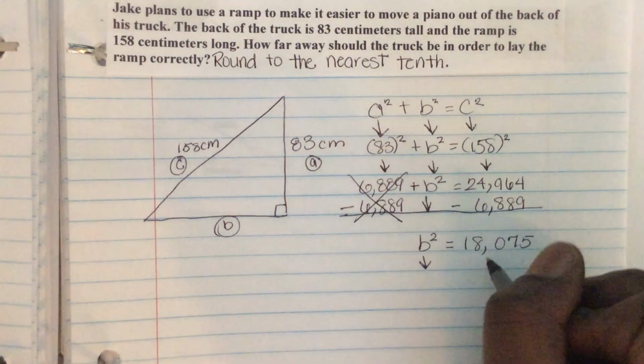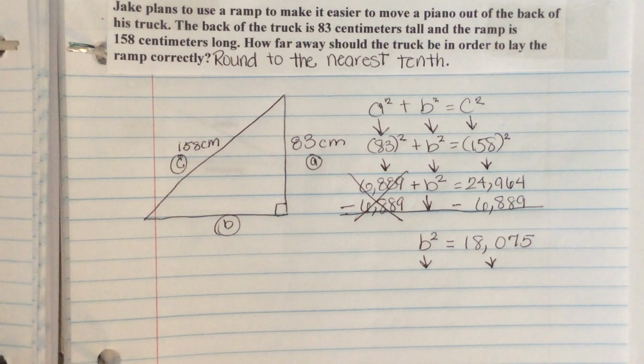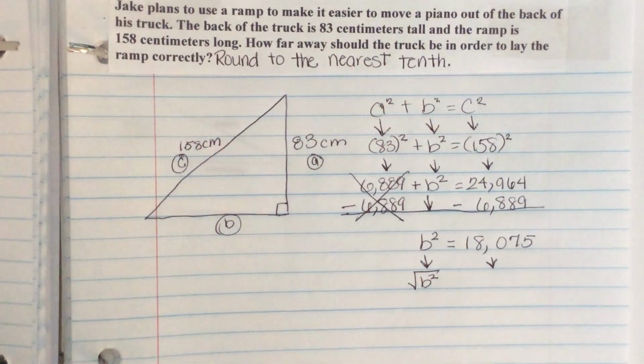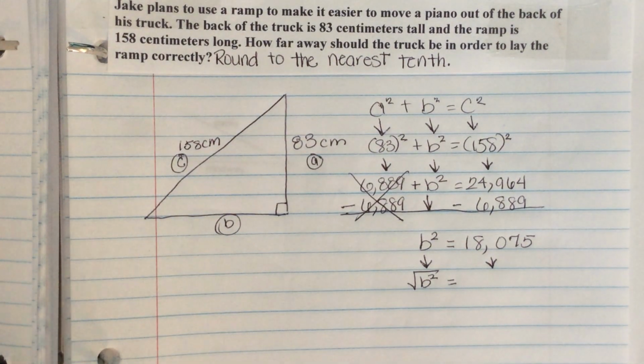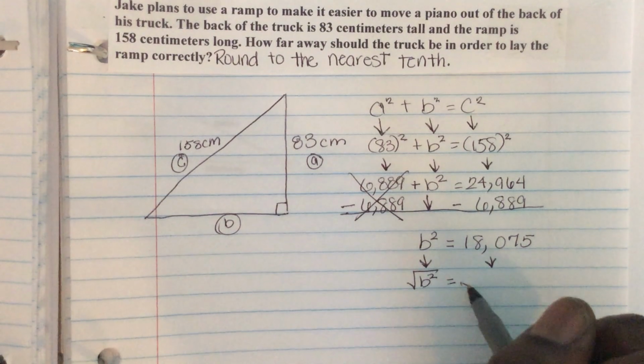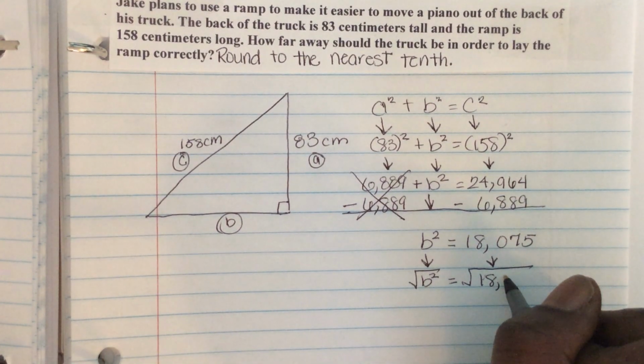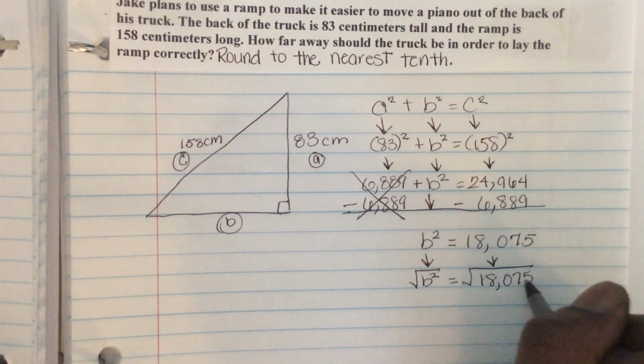If I want to evaluate this some more, I know that I'm supposed to take the square root of my B squared, and whatever I do to one side of my equation, I do to the other side. So I will take the square root of 18,075.